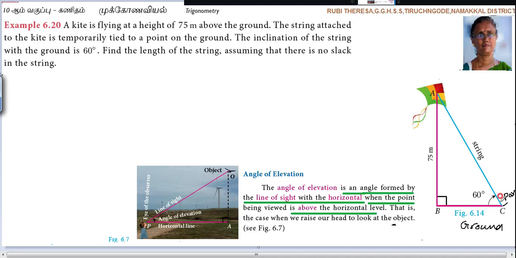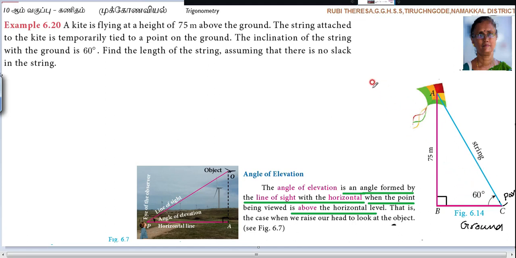The horizontal line is BC. The point is above the horizontal line, so this kite is above the ground level. So now you know what is meant by angle of elevation.